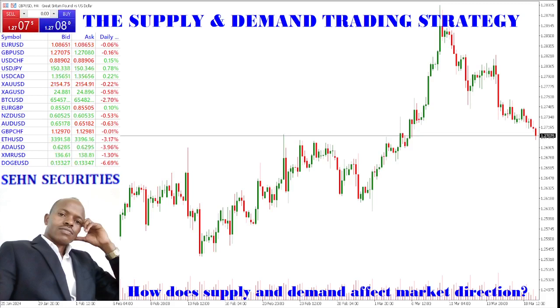Stability and consistency in price behavior outside the zone strengthens its validity. Additionally, a desirable setup involves a rounded retest into the zone, confirming its strength and establishing it as a viable trading opportunity.